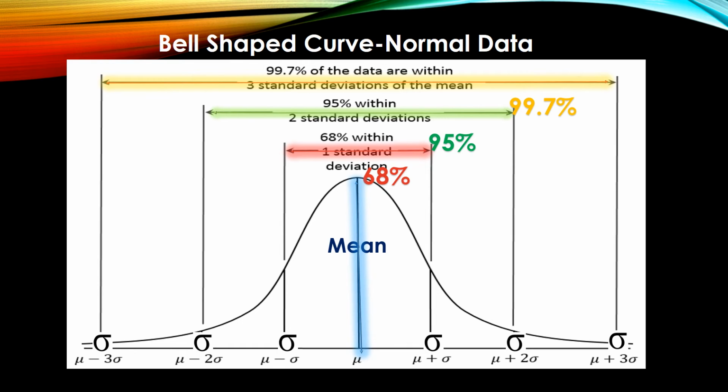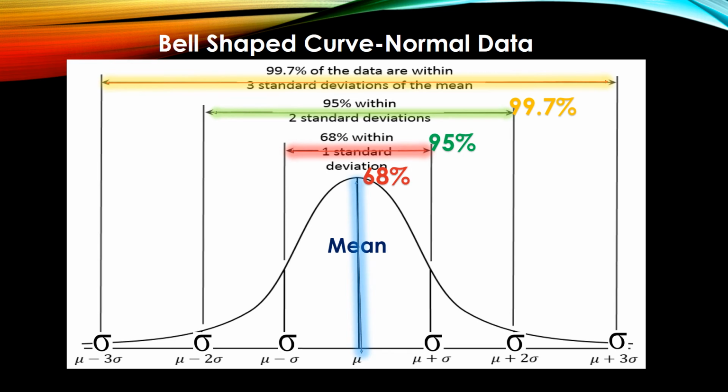So if you're dealing with a population that is in the thousands, you may have a handful, 1 or 2 or 3 examples that fall greater than 3 standard deviations away from the mean. But they should be few and far between. Virtually all of your examples, 99.7%, are going to be within 3 standard deviations of your mean. If that's the case, you have normally distributed data, and that's a good thing. It means you have a very consistent process.